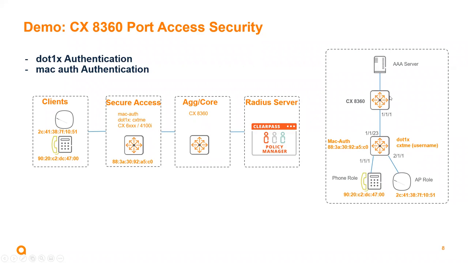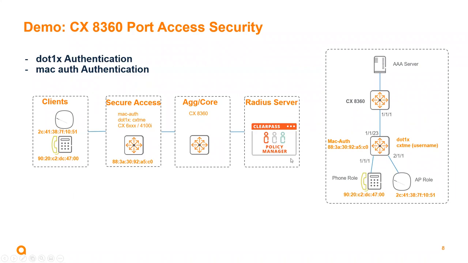This is the aggregation or core switch, and this switch is getting connected to a AAA server. As you know, the best AAA server or best RADIUS server in the industry is Aruba ClearPass, which you can see on the screen, right? So we are going to use Aruba ClearPass to authenticate first the unmanaged or access switch, and we are also going to authenticate these clients using our 8360 platform getting connected to Aruba ClearPass.